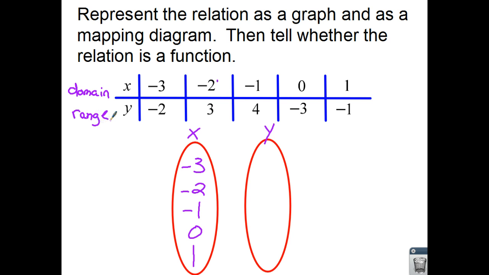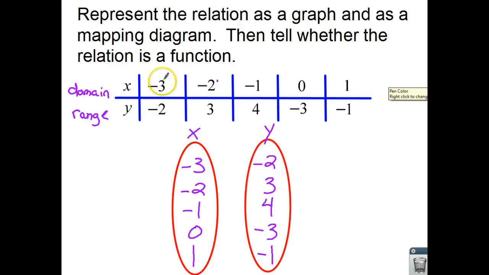And we don't have to put them in order necessarily like we did our x's, so let's just put them down the way they have them in their order. So we have -2, 3, 4, -3, and -1.